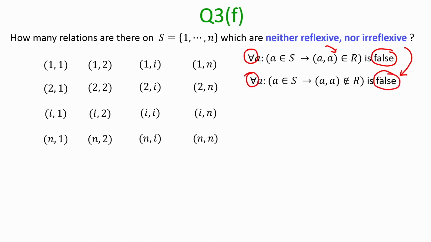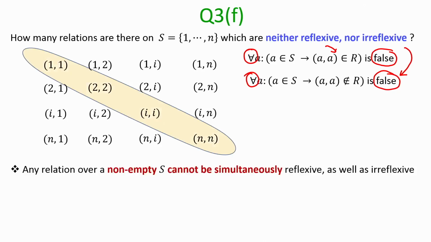Okay. So, if I consider these n² ordered pairs, then since my set S is non-empty, I stress I assumed here n is greater than or equal to 1, I can't have a relation which is simultaneously reflexive as well as irreflexive.